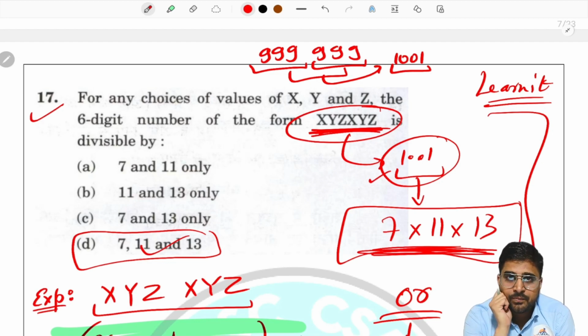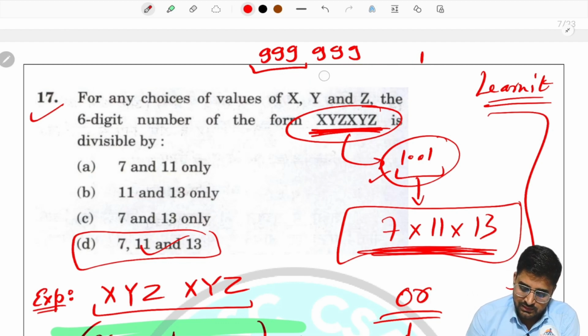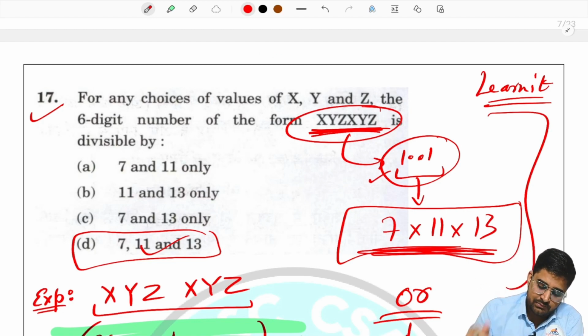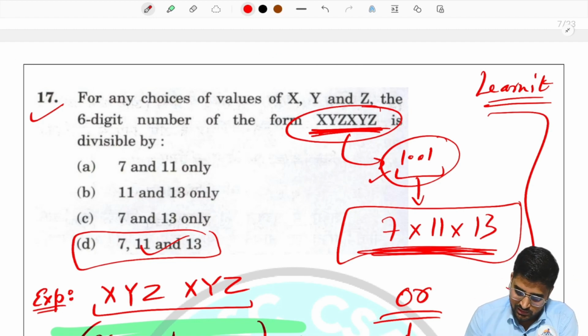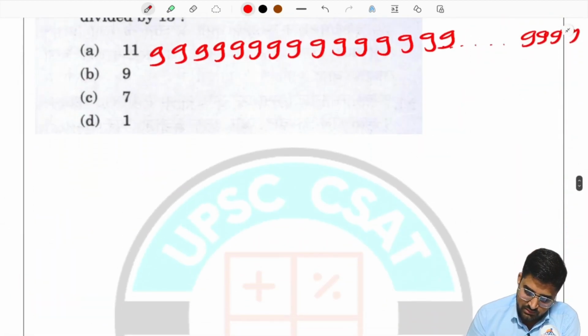That is what we have learned. And there we also knew that 13 divides the number. That's also a hint. If 13, 11, 7 are there, then you can try to connect the dots. Try to put the same thing here also.